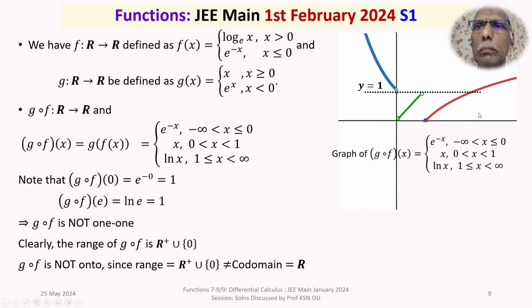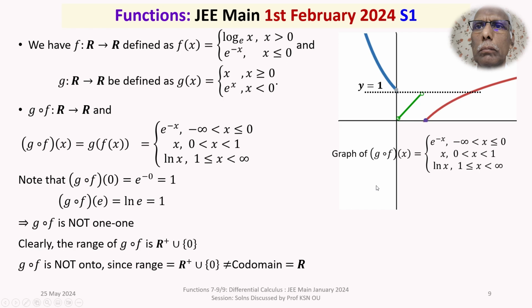So including 0, this is the 0 point, and these are all the things. So therefore this is R plus union 0, and the negative real numbers are unmapped. Therefore the range is not equal to codomain, and hence it is not onto.